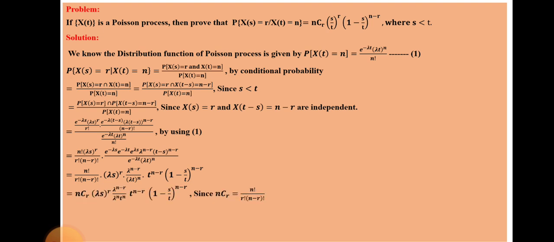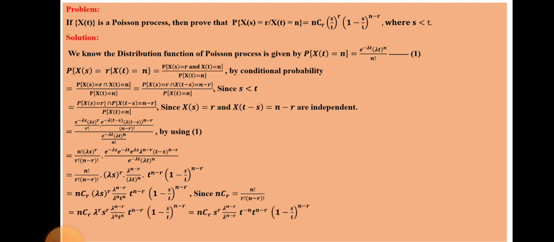We know n factorial by r factorial (n−r) factorial is nothing but nCr.